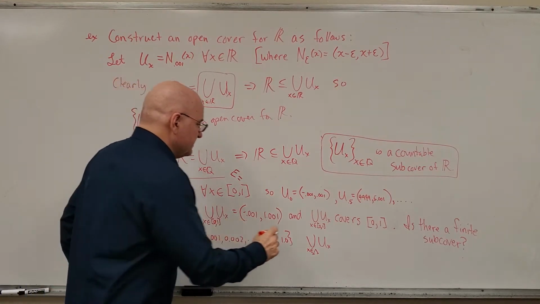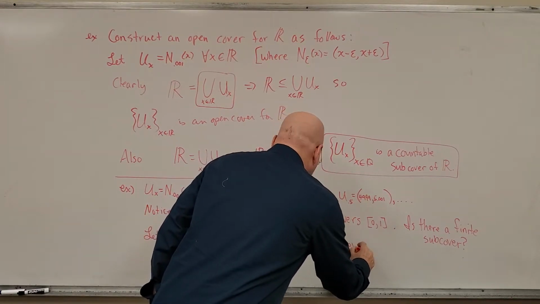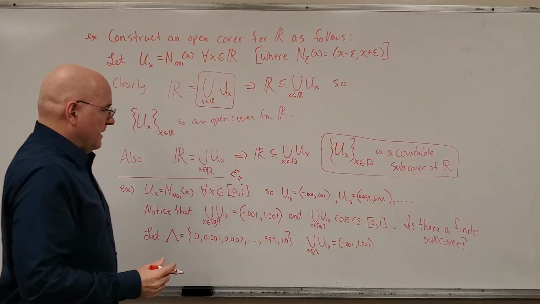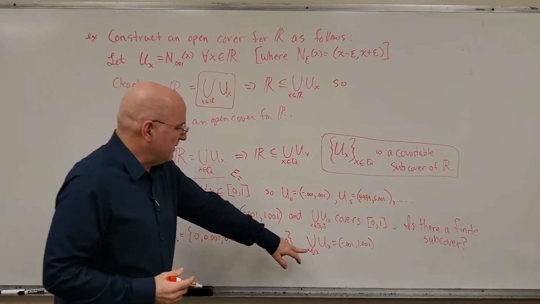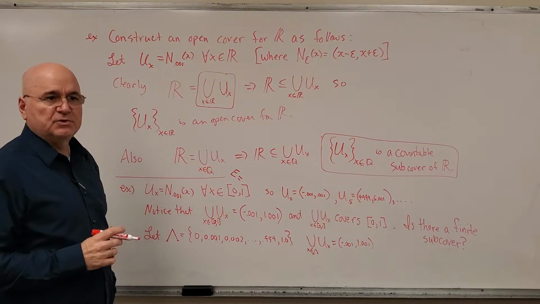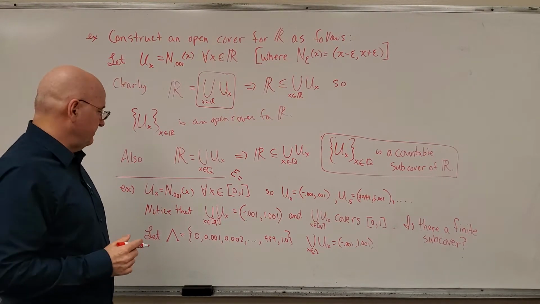We're going to get this: negative 0.001 to 1.001. Obviously, since it's the same union, this will also cover the closed interval from 0 to 1. And we have a finite subcover.